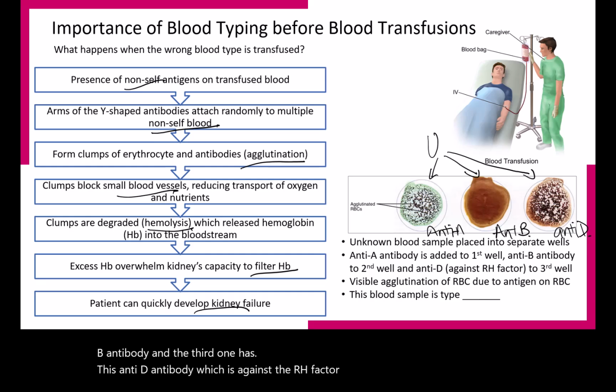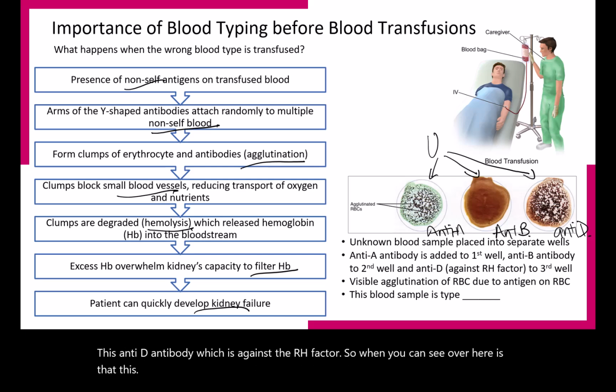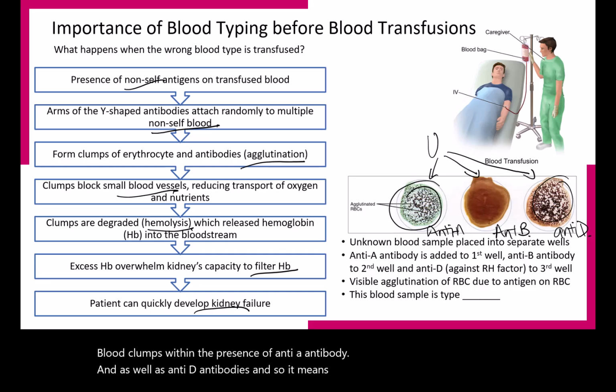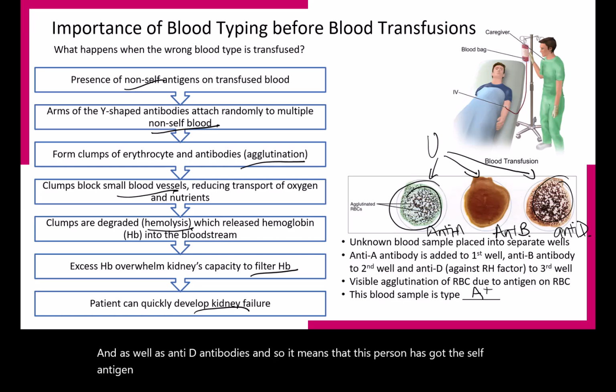So what you can see over here is that this blood clumps in the presence of anti-A antibodies, as well as anti-D antibodies. And so it means that this person has got the self-antigen A as well as the rhesus factor.